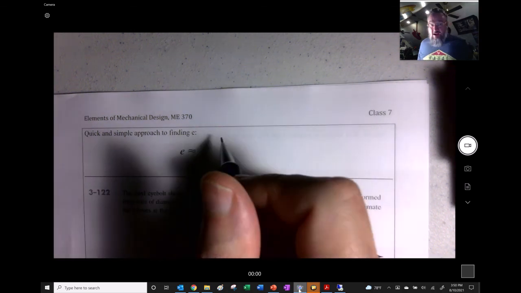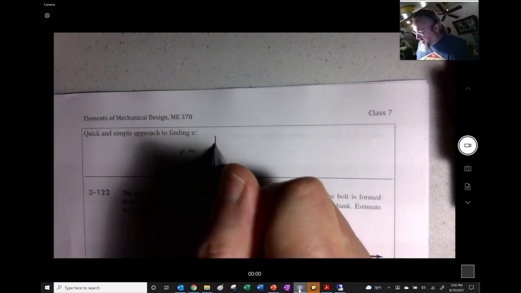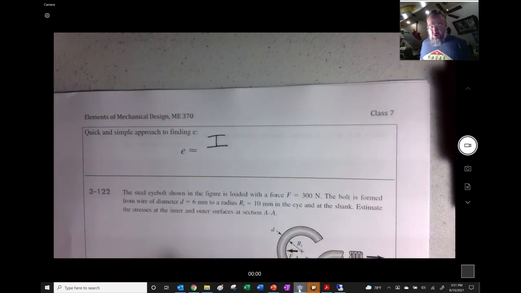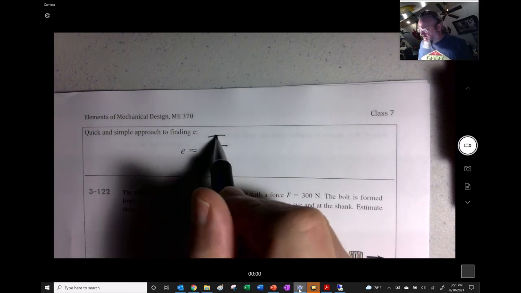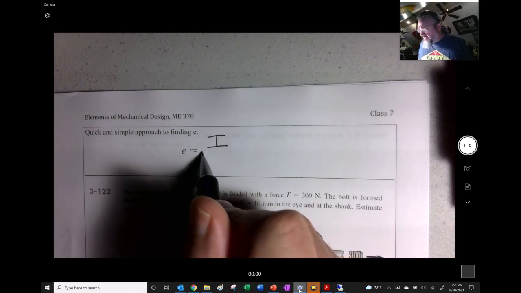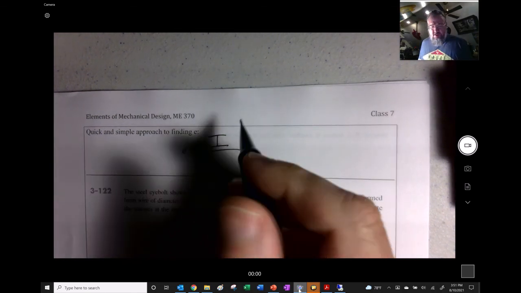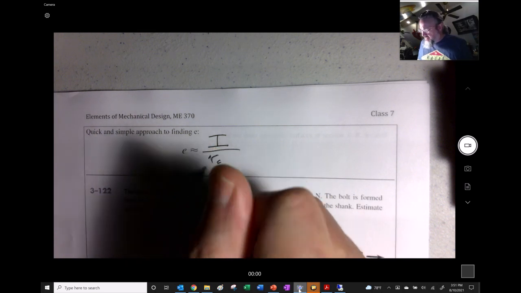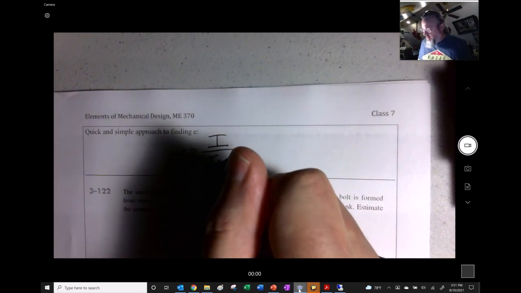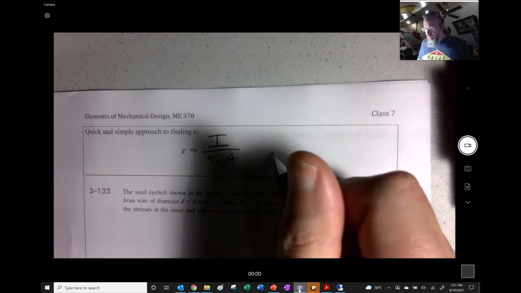But a simpler way, not maybe simple, but a way to approximate that, if we didn't have it or if we were too lazy, if you know the cross-sectional moment of inertia of that section by itself, and you divide it by Rc, and you divide it by A, that will give you an approximation.